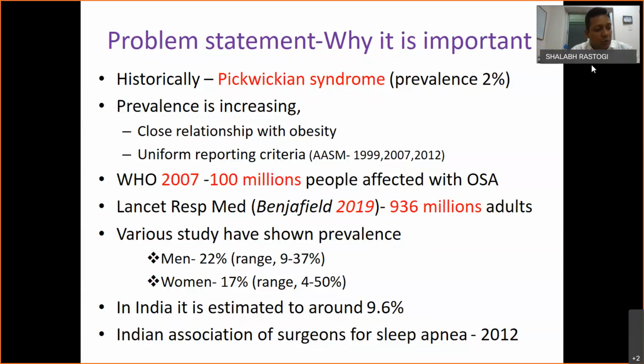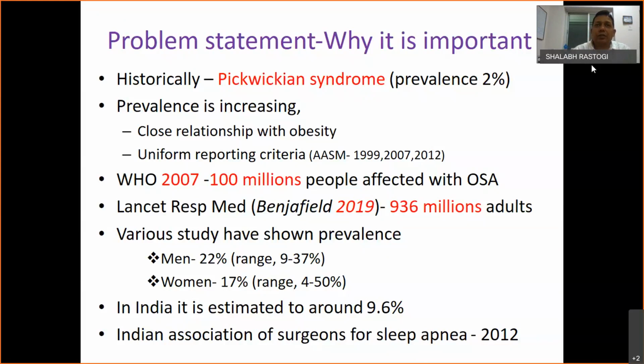In that time we got medical treatment in the form of CPAP and surgical treatment in the form of UPPP.